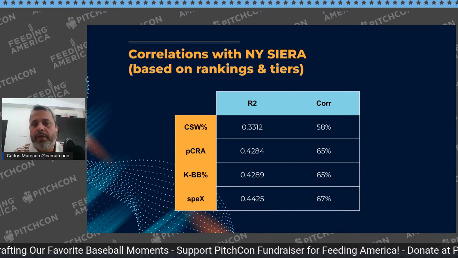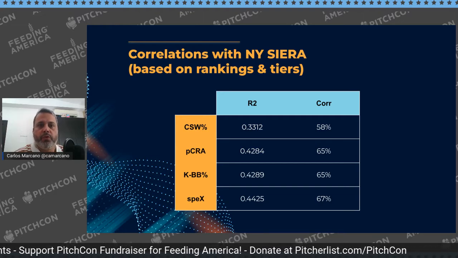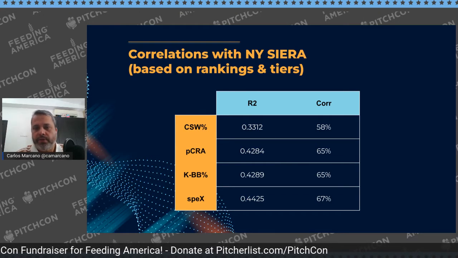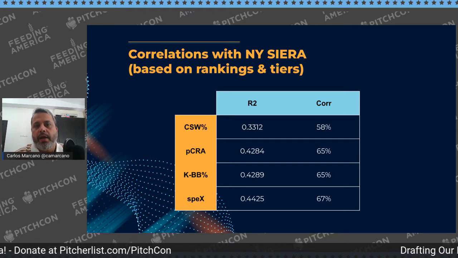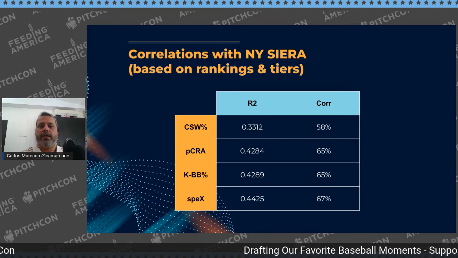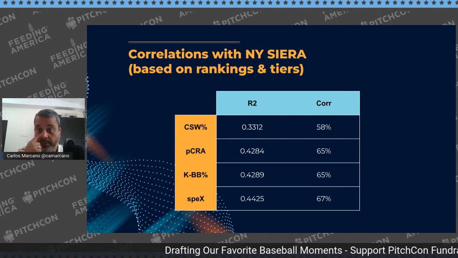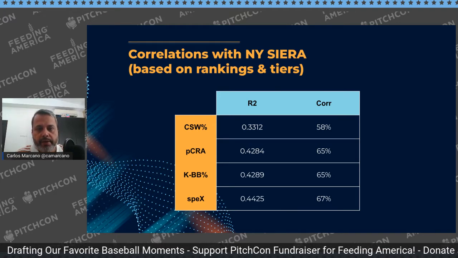When looking at the results of how good SPEC could work, well, I continue doing the correlation with the following year's ERA, based on rankings and tiers. What this means is that I want it to be helpful in terms of tiering starting pitchers.